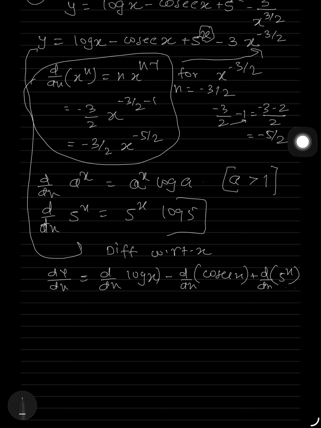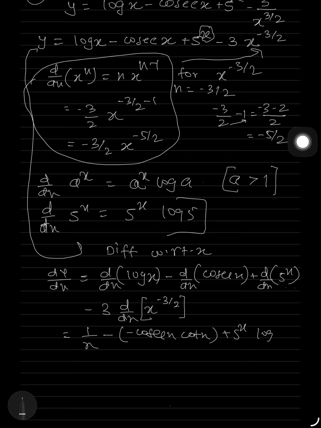You have to use brackets very wisely. Then minus 3 into d by dx of x raised to minus 3 by 2. So this will become the derivative of log x, 1 by x, minus the derivative of cosec x, minus cosec x cot x, plus 5 raised to x log a.